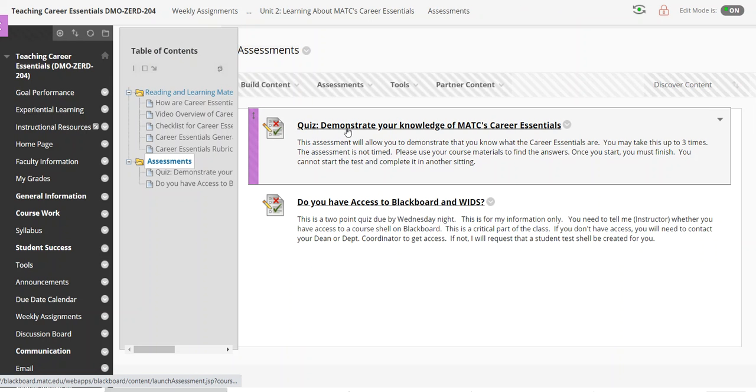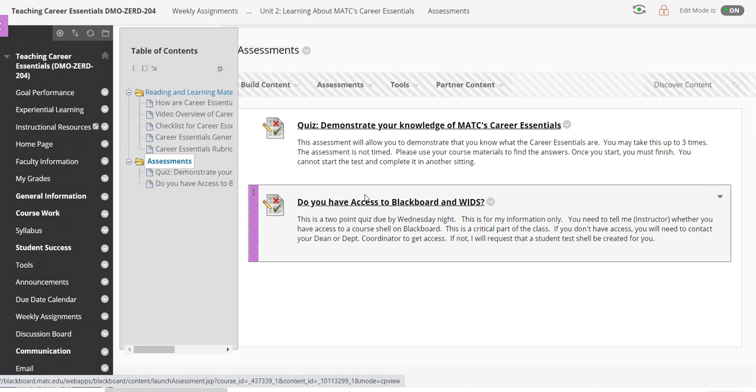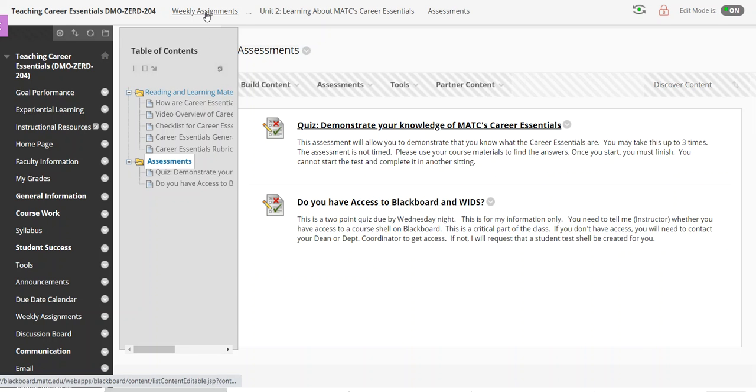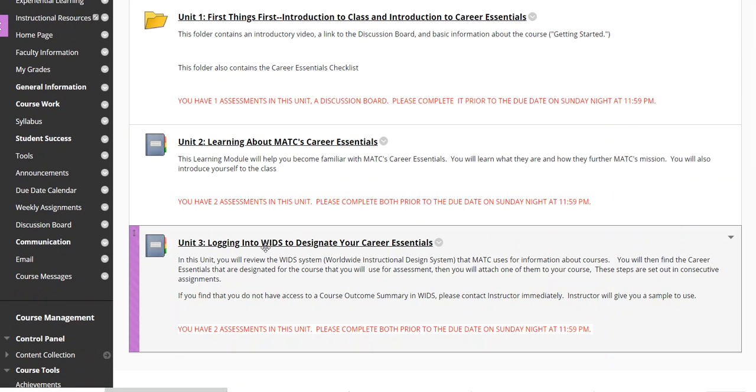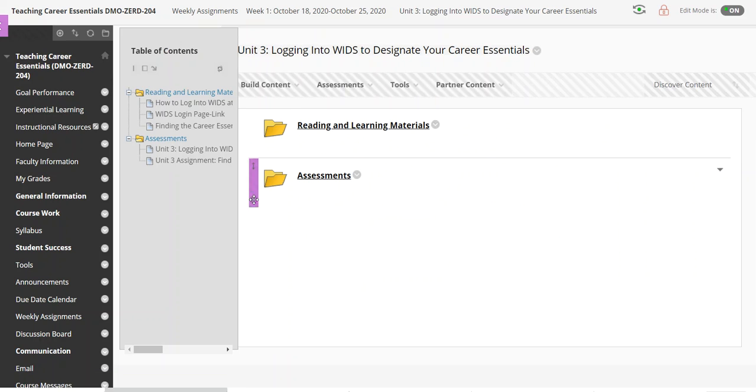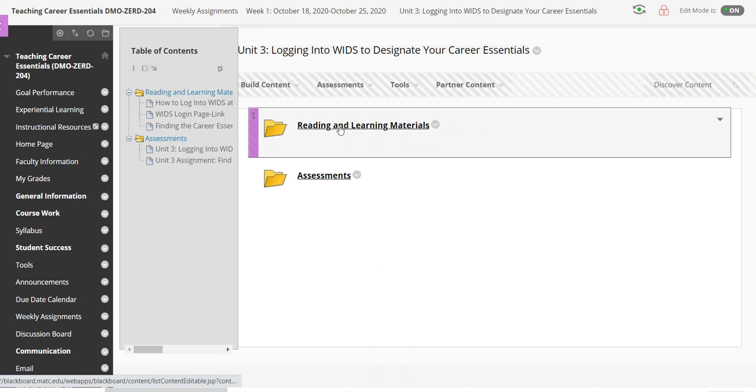So this is the only quiz in week 2, which is a substantive quiz. I also have a 2-point quiz, which is really just a question whether you have access to Blackboard or WIDS. That's it for the quizzes. Then you will have unit 3 actual assessments.